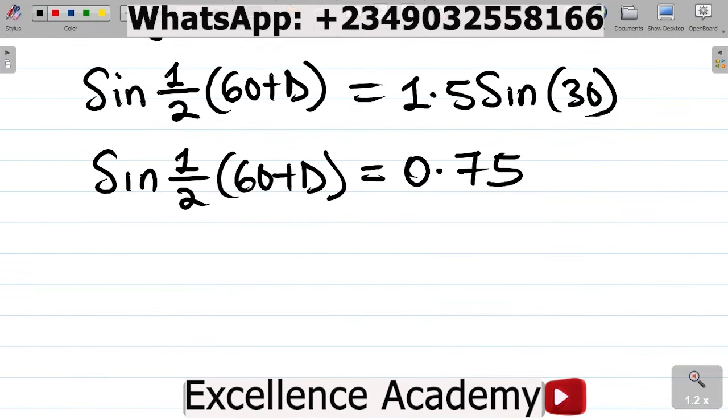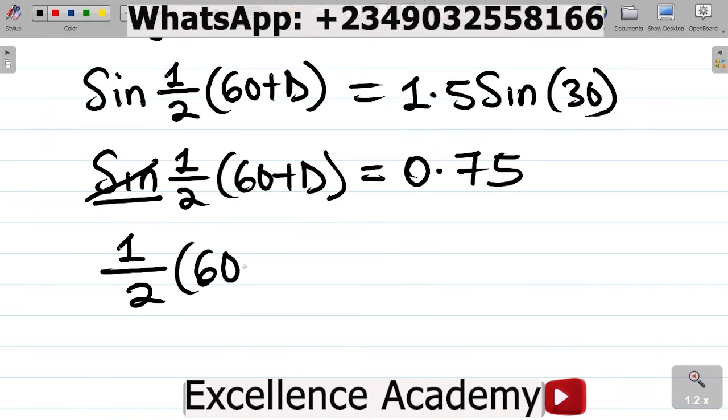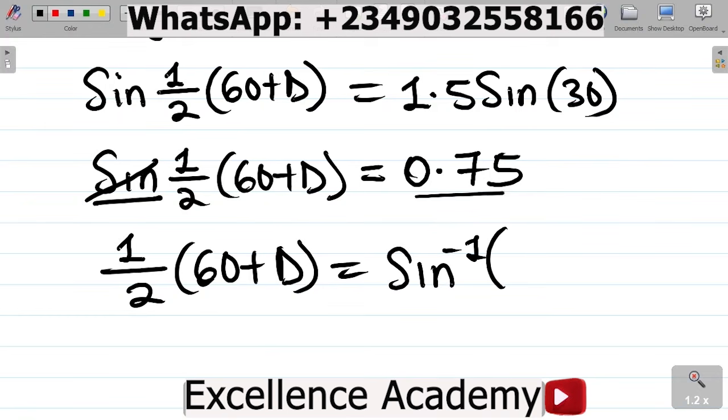All right. Proceeding from here, to solve this, the next thing I have to do is take sine inverse. If I take sine inverse here, it cancels this sine. So I have 1 over 2 into (60 plus D) is equal to sine inverse of what I have here, 0.75. So that's how to eliminate sine from this part.